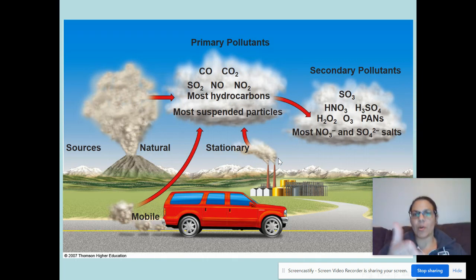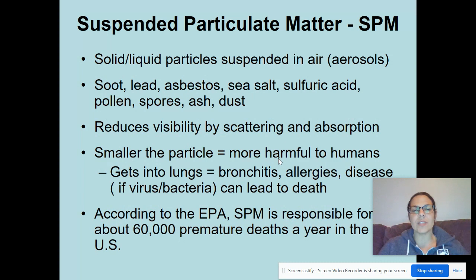Okay, so here you see primary air pollutants, secondary air pollutants, your stationary, natural, mobile, a car from like the 70s in there. And then you have suspended particulate matter: soot, lead, asbestos, sea salt, things like that. It reduces visibility by scattering and absorbing the sunlight that comes down. So when there's less air pollution, that's why you can see further.